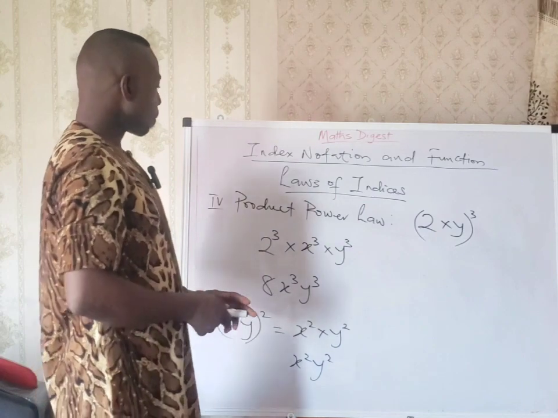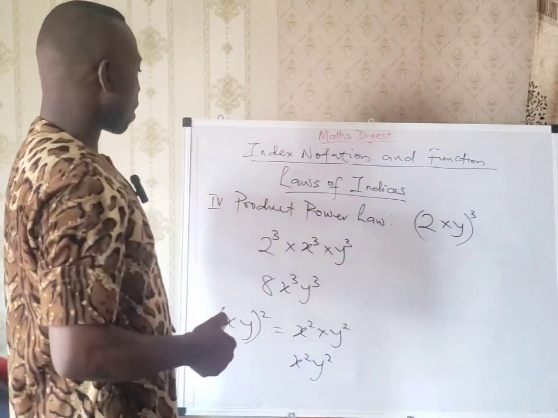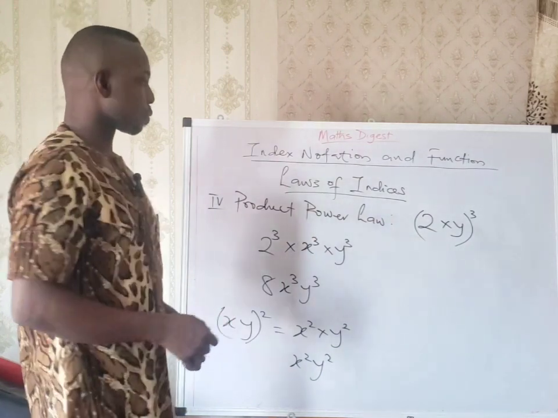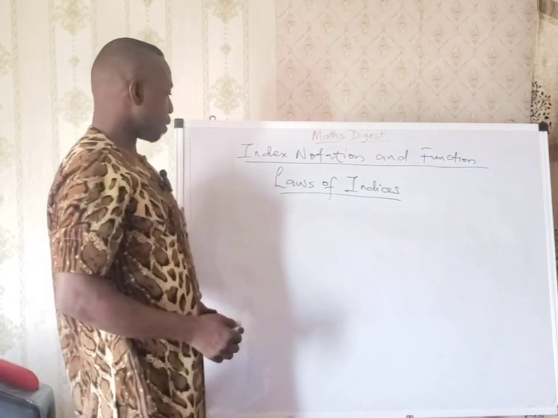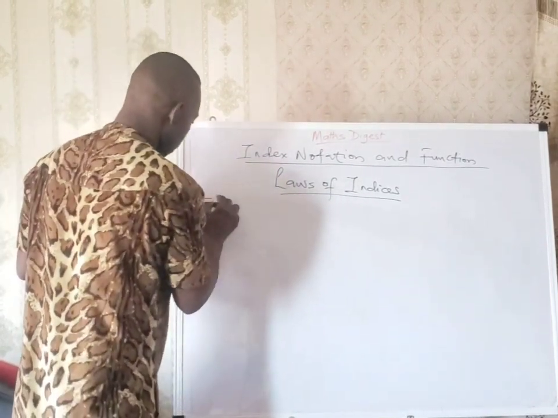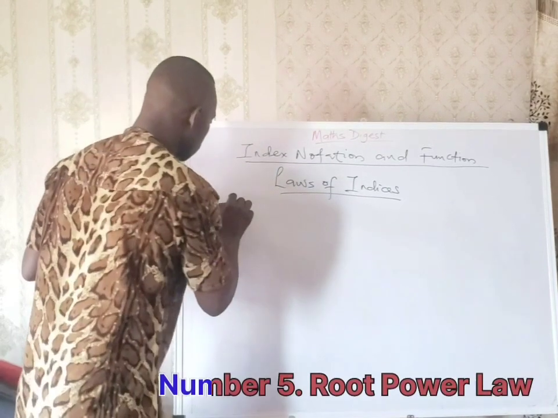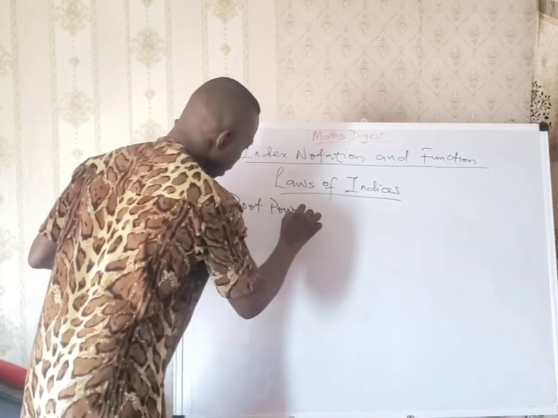All right, now we are going to look at root power law. Root power law, okay. Follow me. Okay, now we look at the fifth one. The fifth one says root power law.